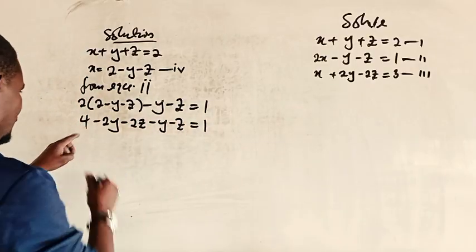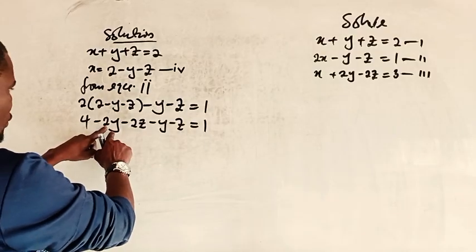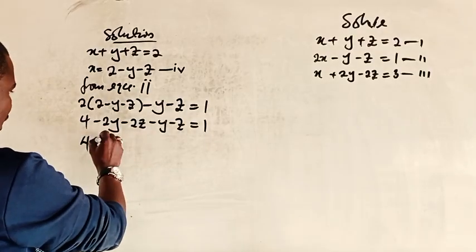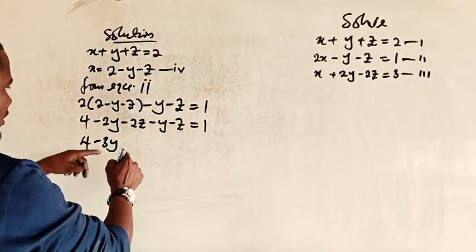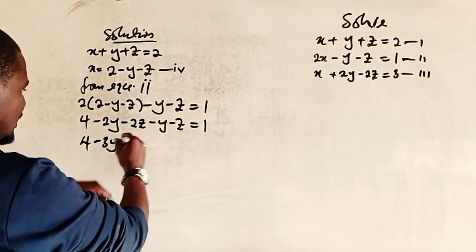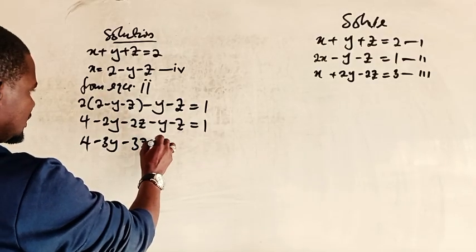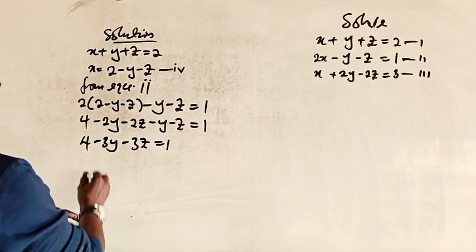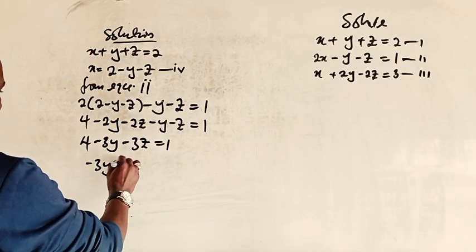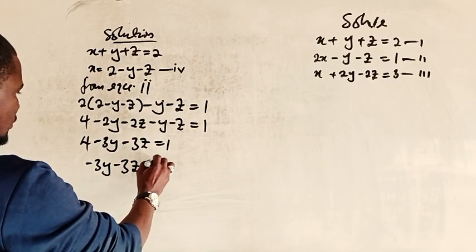Automatically here we have 4 minus 2y minus y is minus 3y, then minus z again minus 3z, then equals to 1.